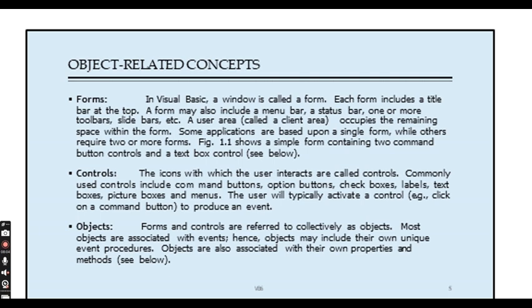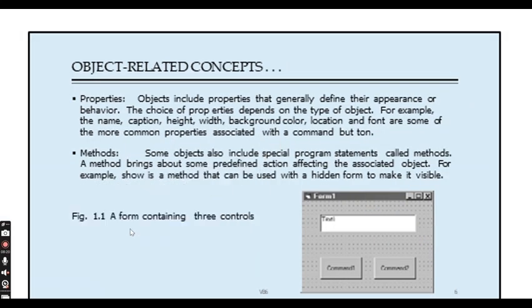We have another term called object. Forms and controls, the first two terms, together are called objects. Let's move to properties.